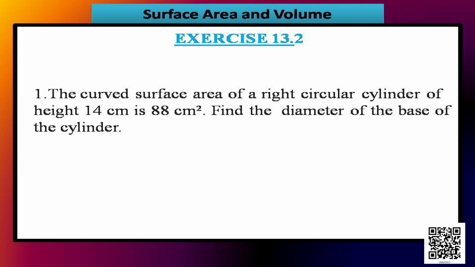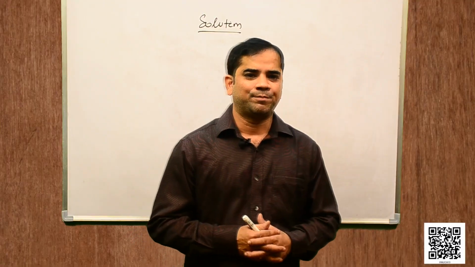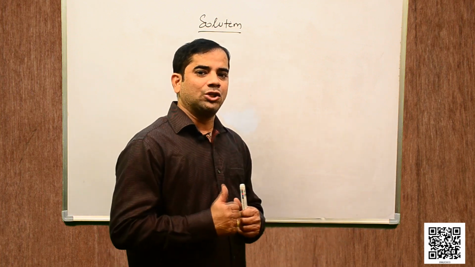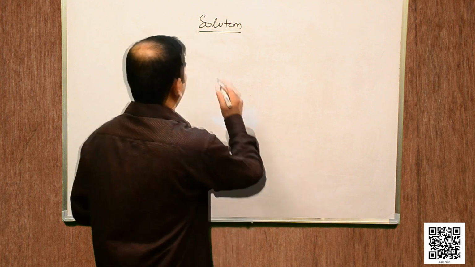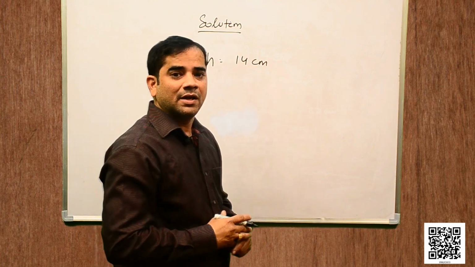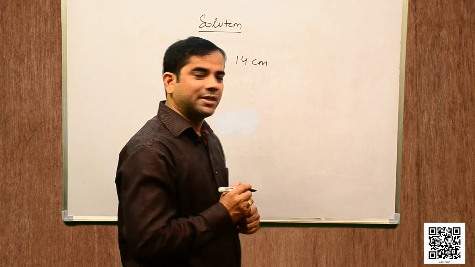Let us now solve this. So students, let us now discuss the solution. It is given that the height of the cylinder is 14 centimeter, so h is equal to 14 centimeter. And the curved surface area of the cylinder is 88 centimeter square.